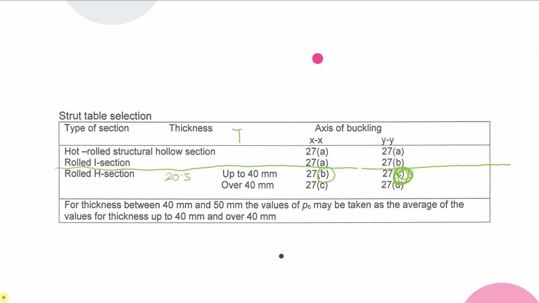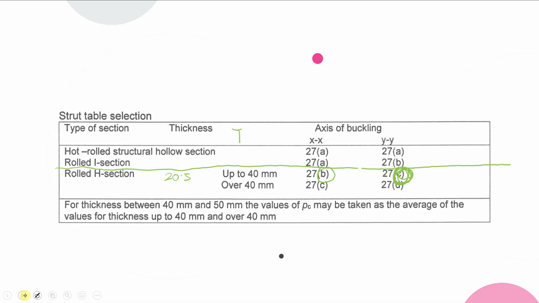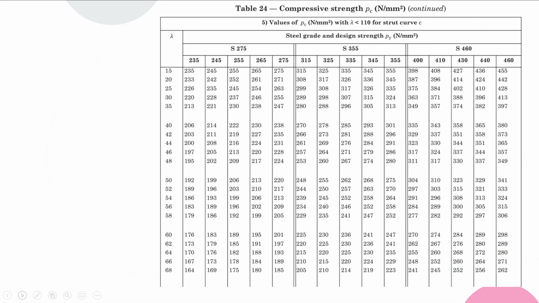Okay. And then what we need to do, kita tengok pada that table. But before that, let us check again what is the value of, I lupa, 53.272. Okay, 53.272. Look at table PC curve C. Alright.